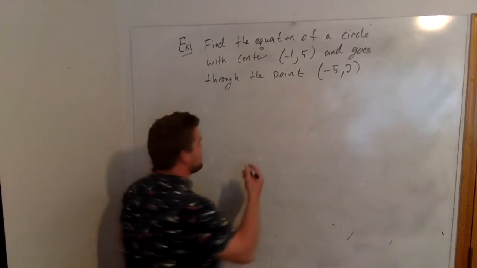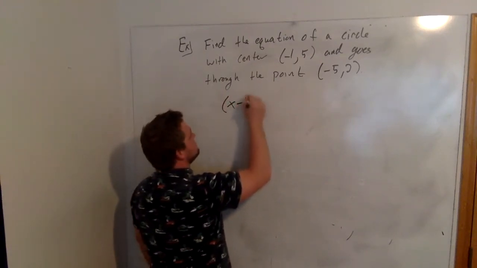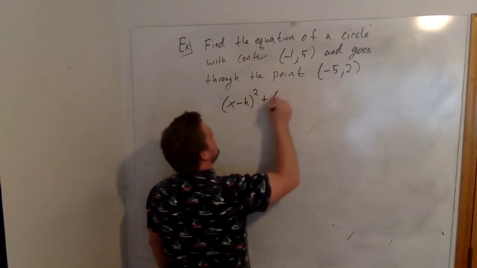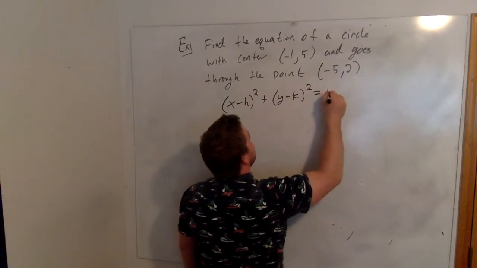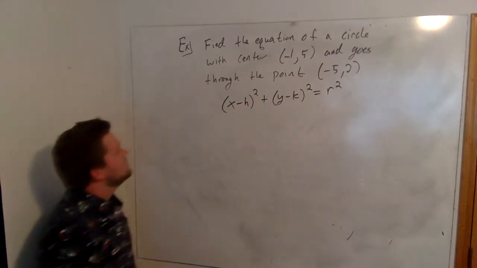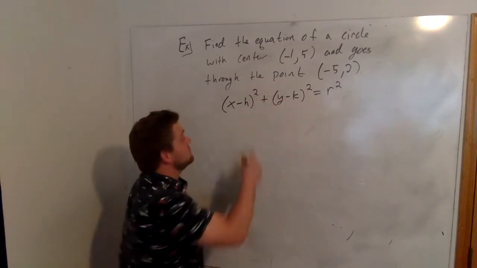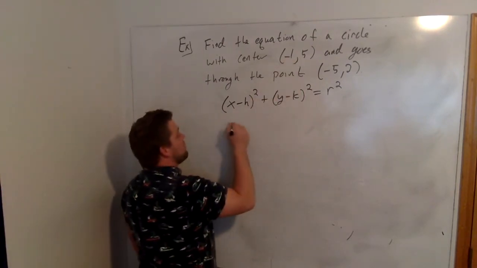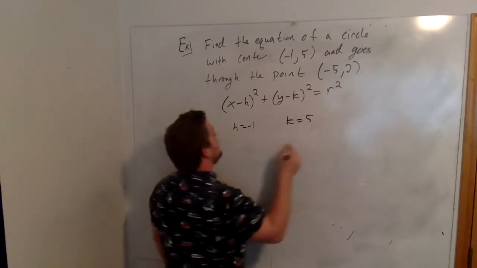In general, we're trying to find something of the form (x minus h) squared plus (y minus k) squared equals r squared. What's great is we already know the center. This tells us that h is -1 and k is 5.